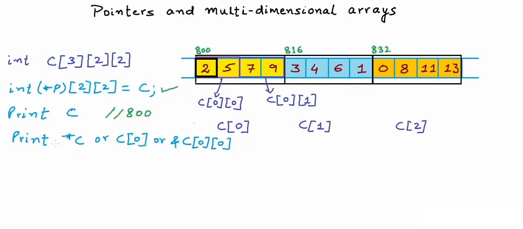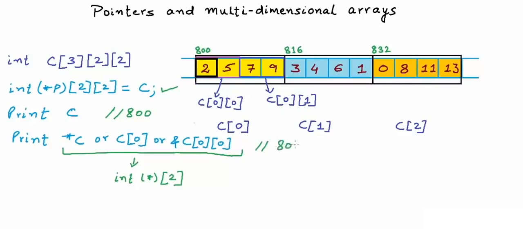All these expressions are returning us pointer to one-dimensional array of integers of size 2, and the address printed will be 800. Remember, C is of type pointer to 2D array of 2 cross 2, and dereferencing once is giving us pointer to one-dimensional array of 2 integers.